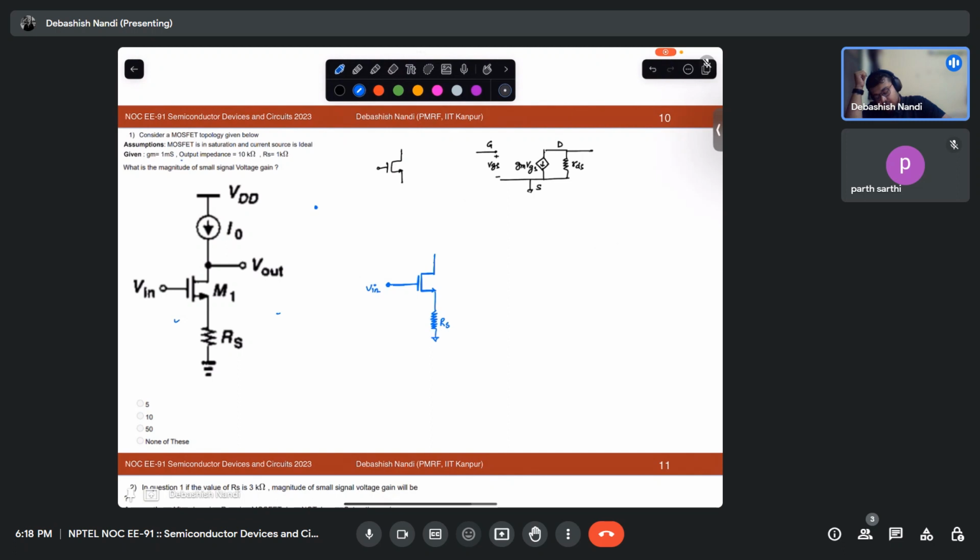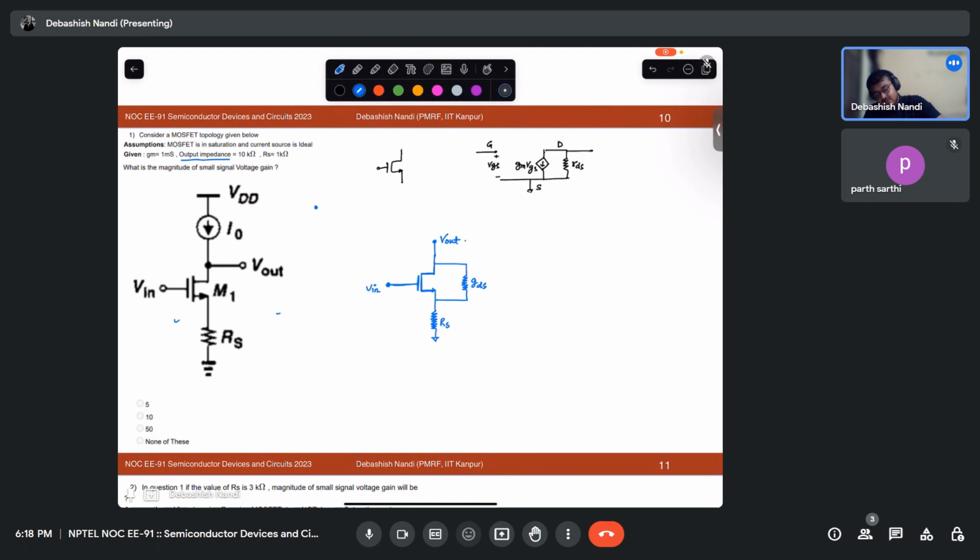And you have some output impedance between this. Let's say gds or rds, whatever it is. gds would be your conductance, rds would be 1 over gds, okay? And what should be the potential at the drain terminal? This is Vout, right?